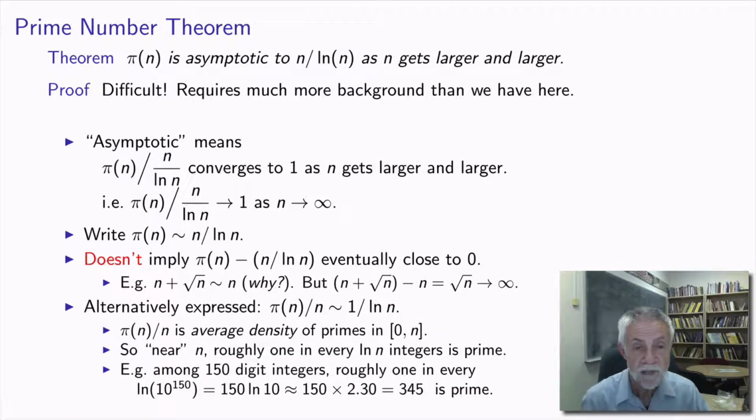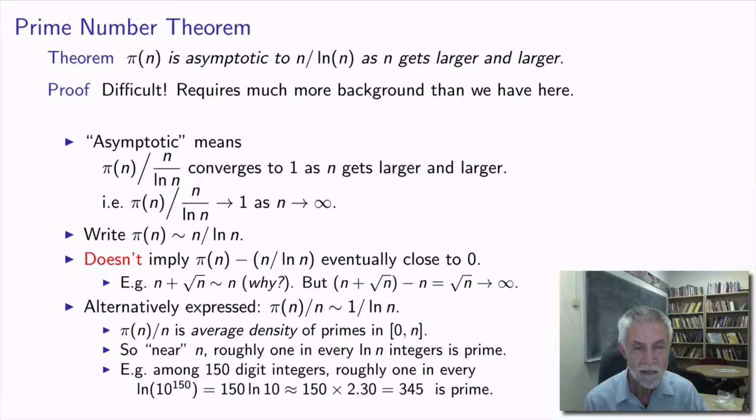Another way of expressing this fact that pi n is asymptotic to n over log n is that pi n over n is asymptotic to 1 over log n.